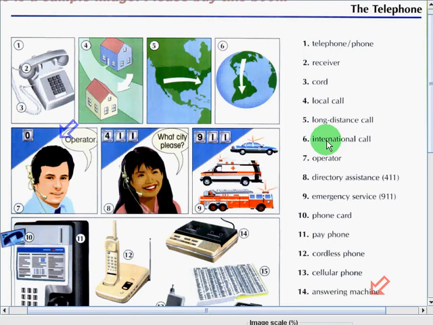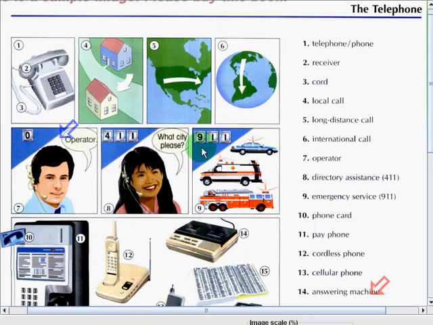The calls were transmitted by cable and communication satellite, radio, and through fiber optics. Usually, the charges for these calls are high because you are calling outside your country. So, you're calling outside your country. That's what is meant by international call.